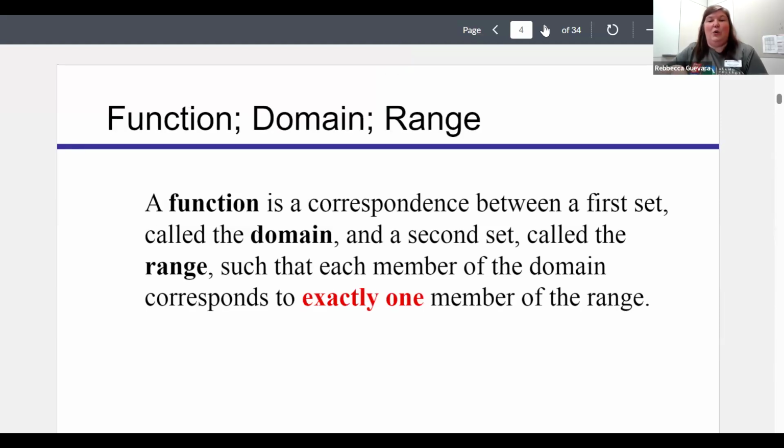So a function is a correspondence. It's a relation again, but it's a special kind of relation. Okay, so let me write that in there. Sorry. So a function, it's a relation, and not just any relation, a special kind of relation.